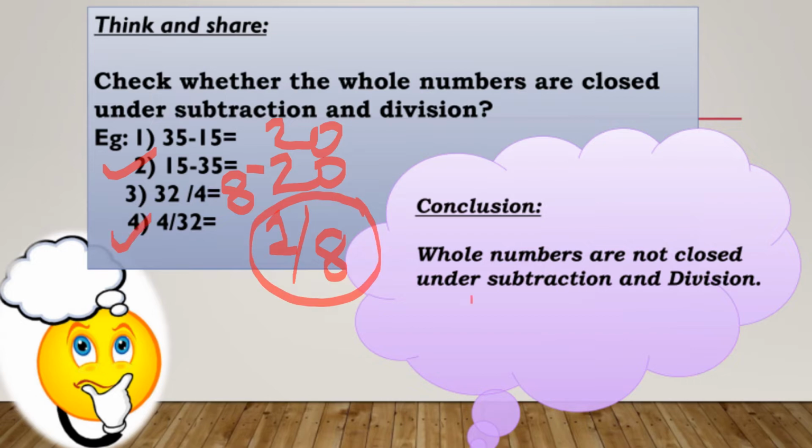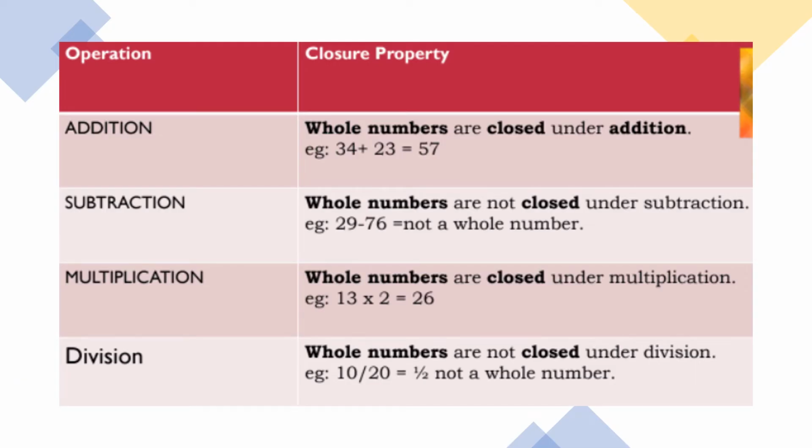Thus whole numbers are not closed under subtraction and division. So under all four fundamental operations, that is addition, subtraction, multiplication and division, we have checked the closure property of the whole numbers. Thus whole numbers are closed under addition and multiplication, and they are not closed under subtraction and division. We have already understood this by the examples.